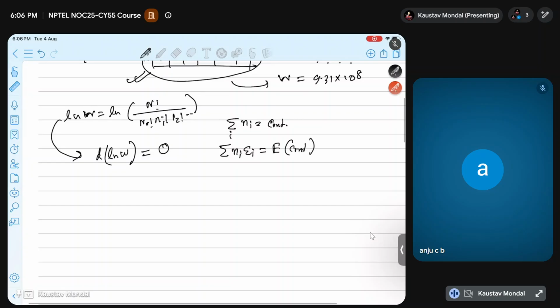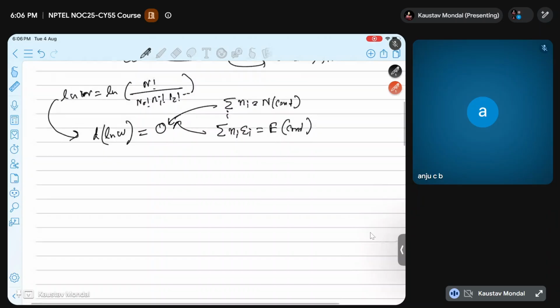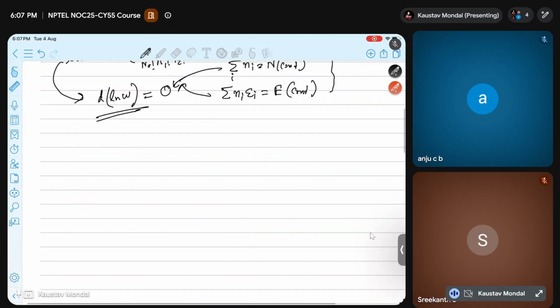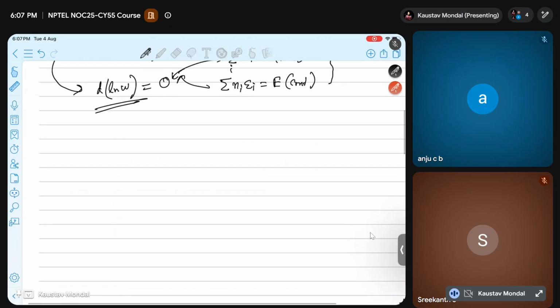To maximize with these two constraints, we use the technique called the Lagrange method of undetermined multipliers. Then the equation becomes: delta of ln W, minus alpha times delta N, minus beta times Ei delta N, equal to 0.